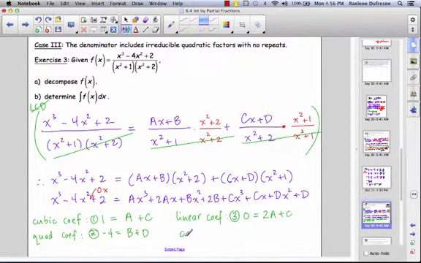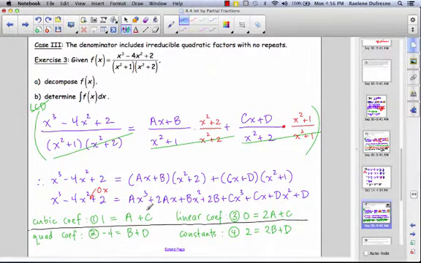And the constant coefficients produce equation number 4, saying that 2 is equal to 2b plus d. And we have some nice symmetry. Equations 1 and 3 are a system of 2 equations, and equations 2 and 4 form a system of 2 equations for 2 unknowns.